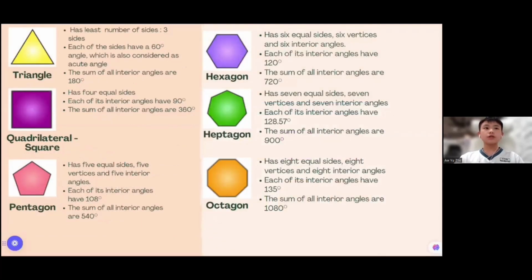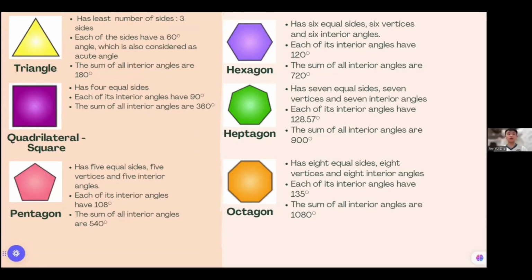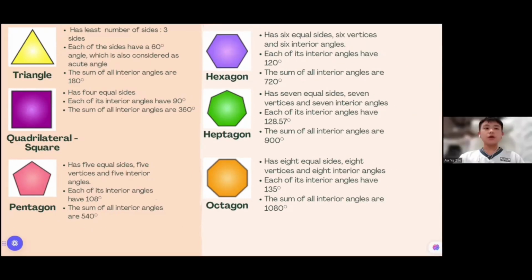The triangle, or in this case the equilateral triangle, has the least number of sides, which is 3 sides. And each of the interior angles is 60 degrees, which is also considered an acute angle. The sum of all interior angles is 180 degrees.